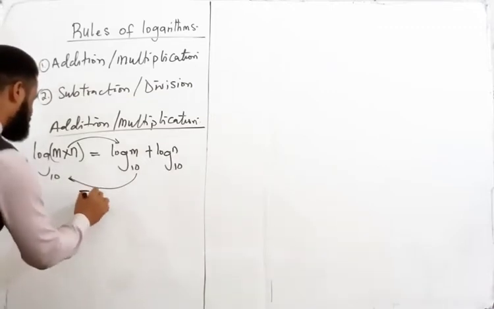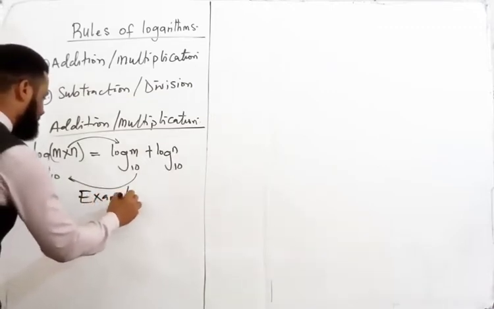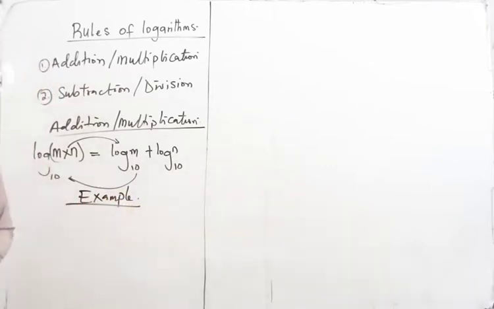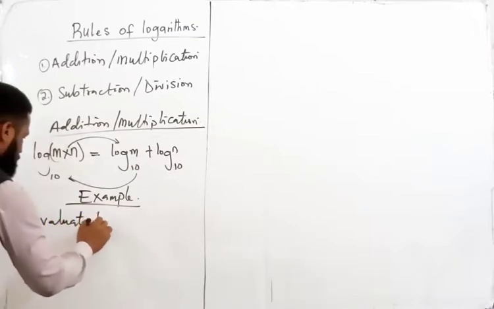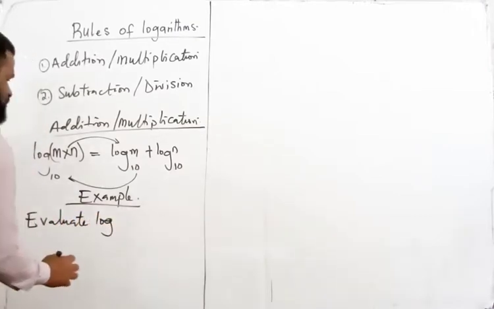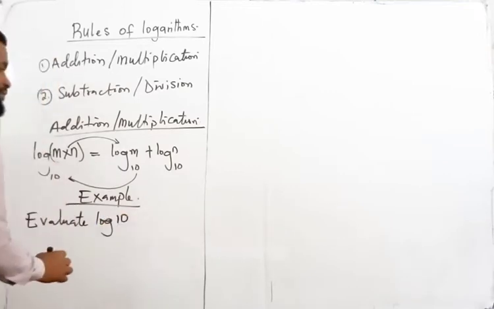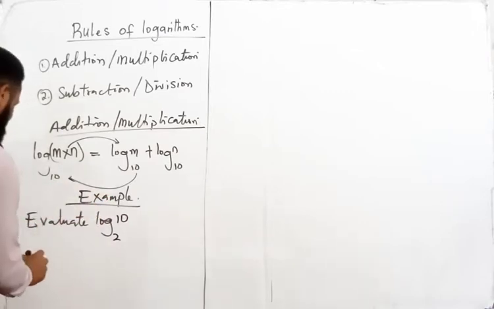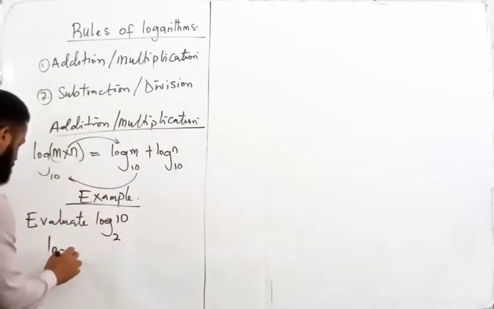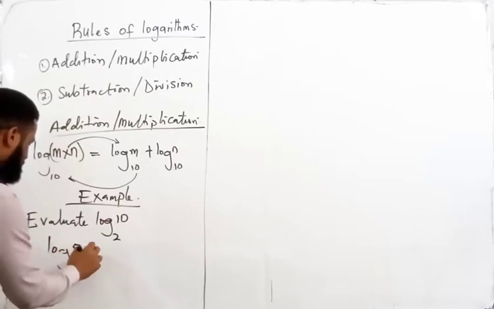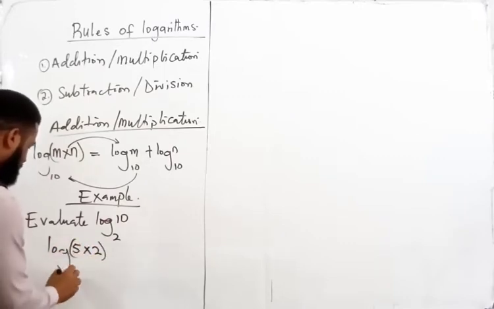Example. If they say, evaluate log 10 base 2. For example, log 10 base 2 can be given as log 5 times 2 base 2.